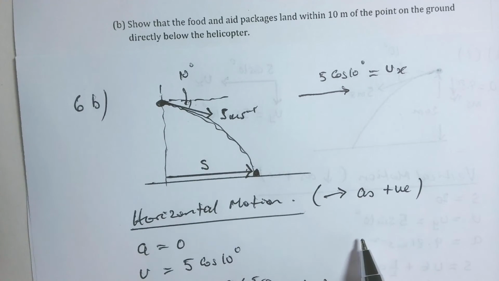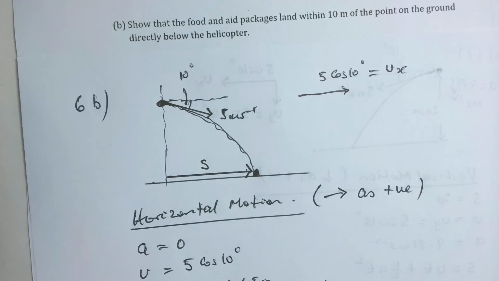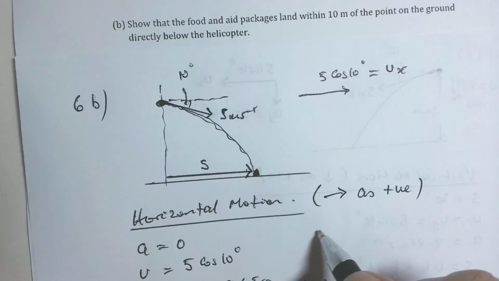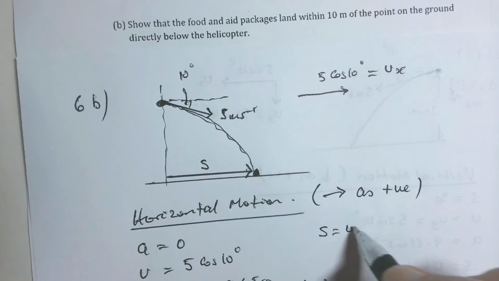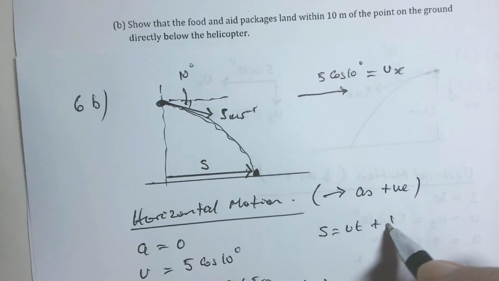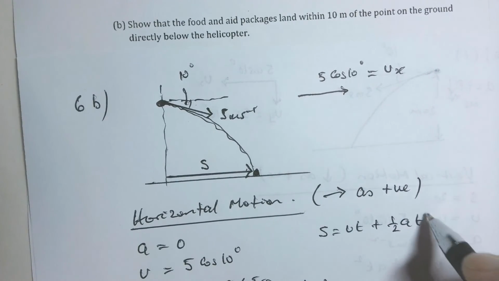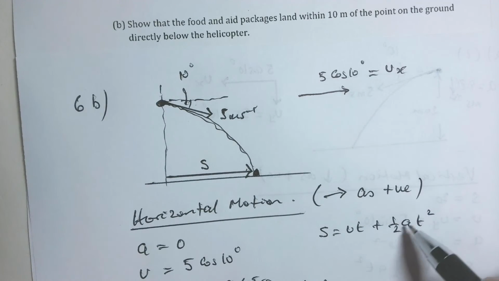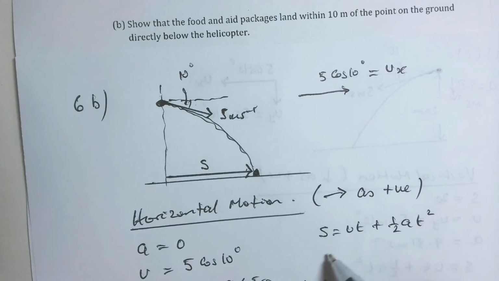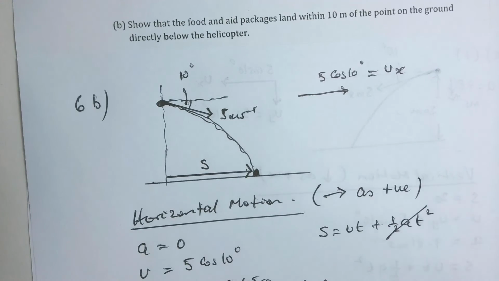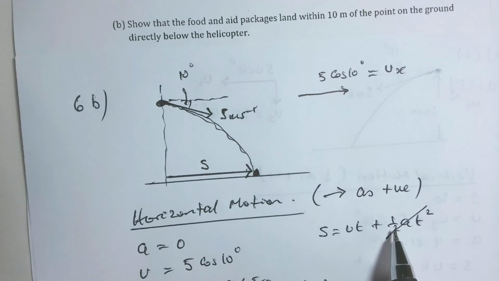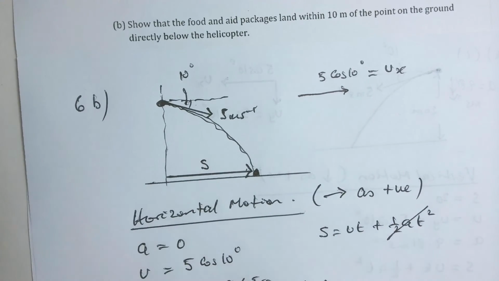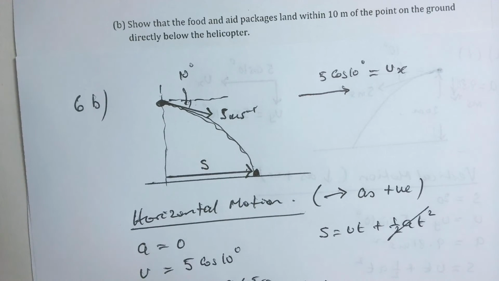So the Suvat equation we're looking for is s equals ut plus a half at squared. But when a is 0, that's going to disappear, and we're just going to get s equals ut. So s is the horizontal velocity u times the time t.